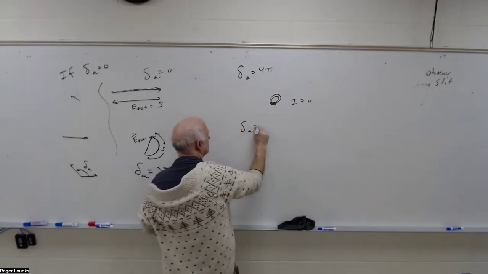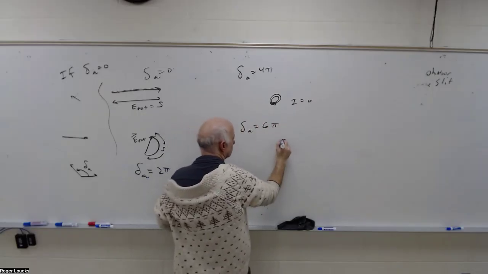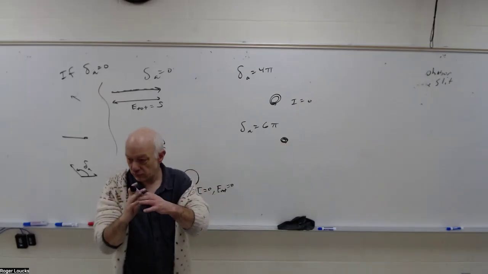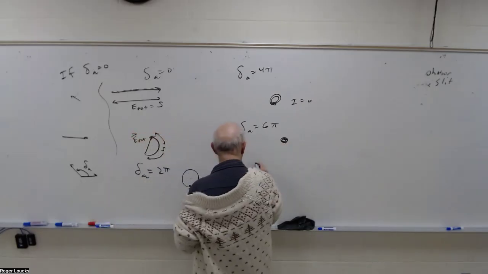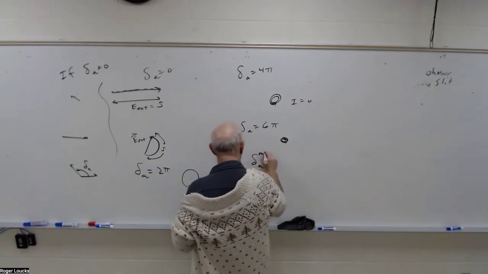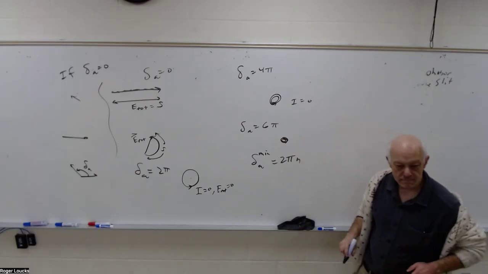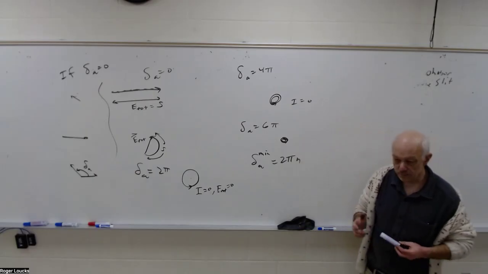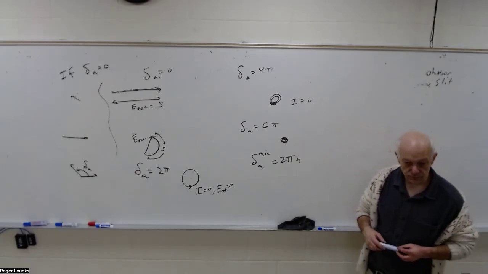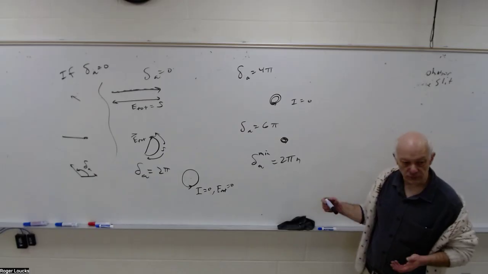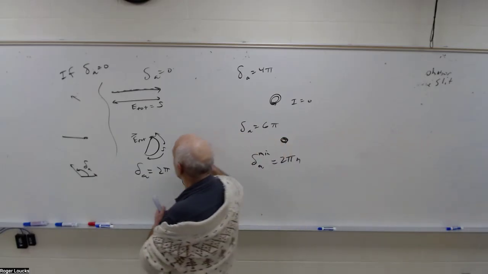By delta A of 6 pi, I'd have once, twice, 3 times like that. It keeps on getting smaller and smaller. So for your minimum, these are going to be multiples of 2 pi. Okay. That makes sense. And what we want to do is figure out what these are going to look like.